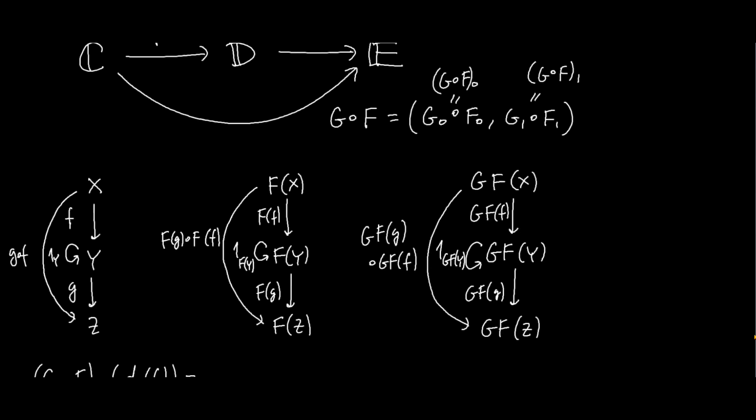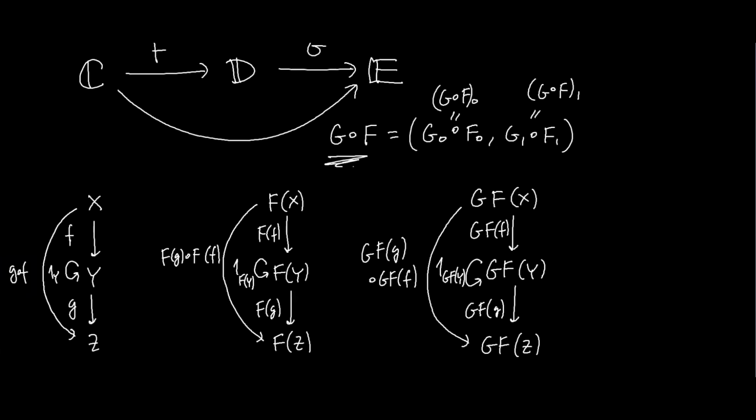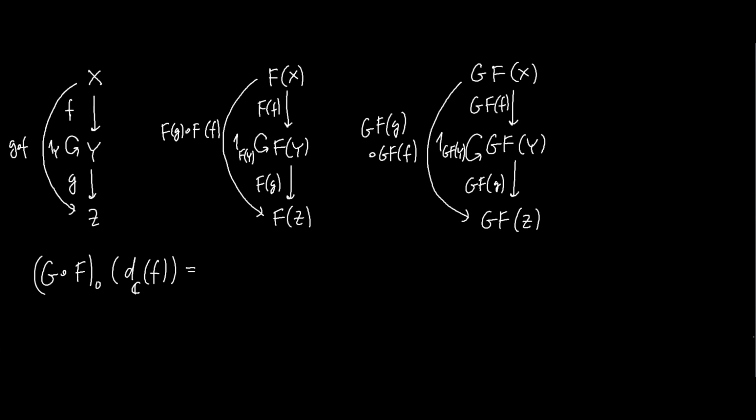So I want to prove that g composed with f is a functor. One of the things I have to check is that g composed with f0 applied to the domain of a morphism will be whatever it should be, so let's do the computation. g composed with f0 is defined as g0 composed with f0. Now that has to be applied to d of f.